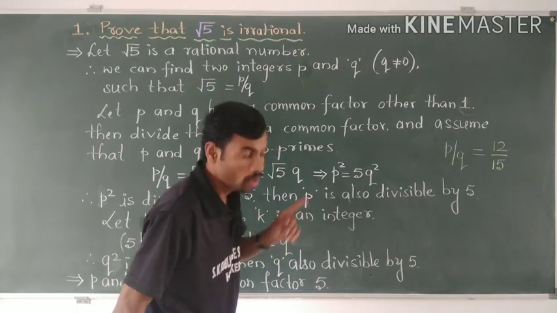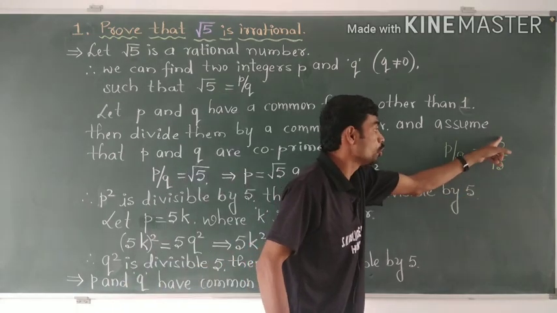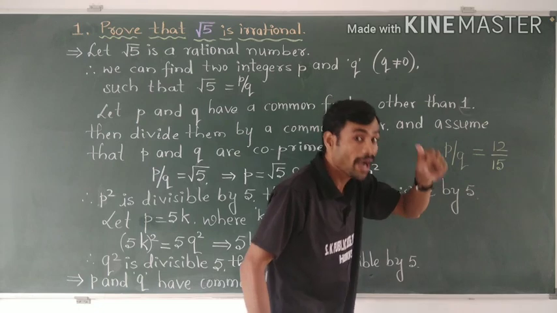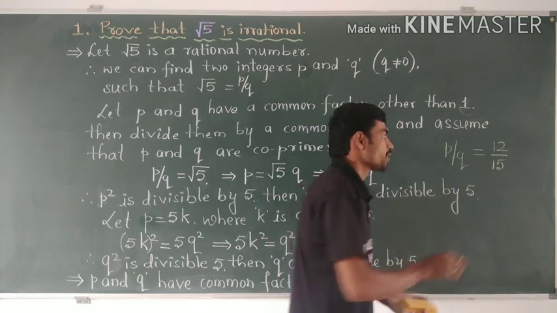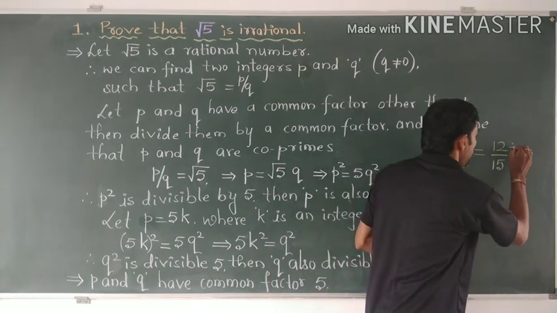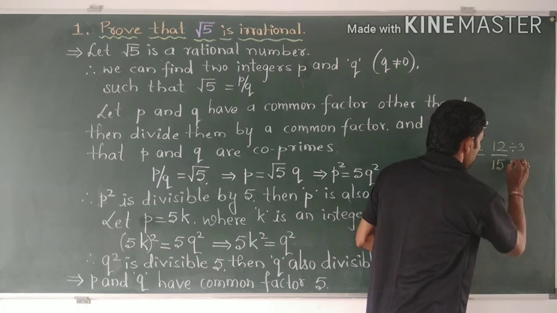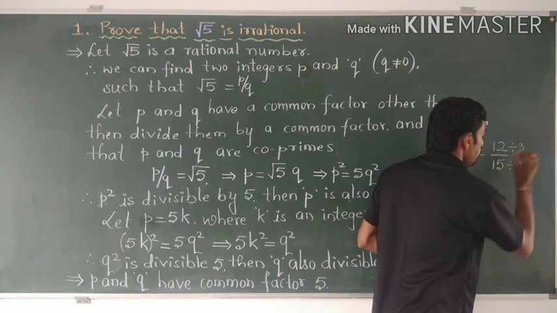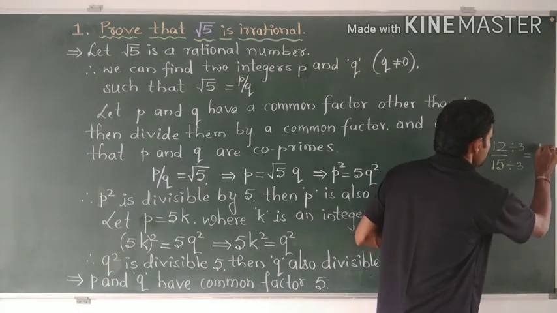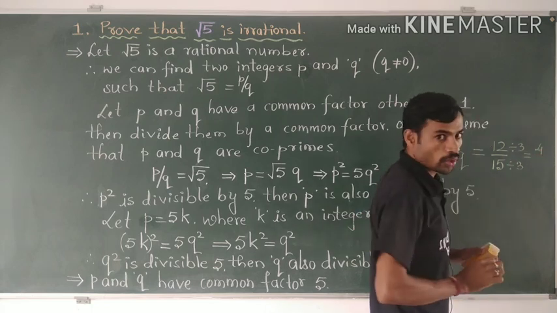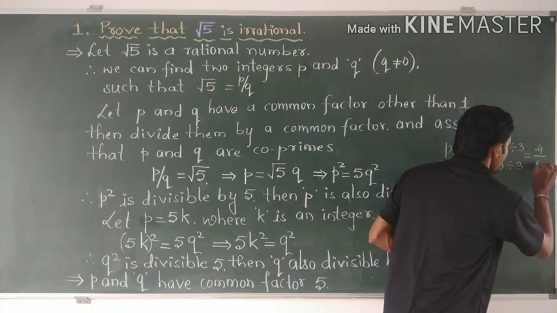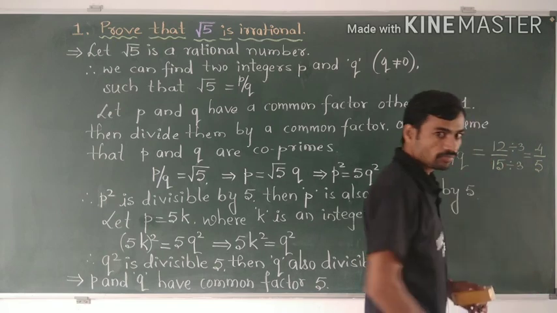Next, what we have to do? We have to divide both p and q by the common factor. It means it is divisible by 3 by 3. So 12 by 15 can be written as 3 fours are 12, 3 fives are 15.